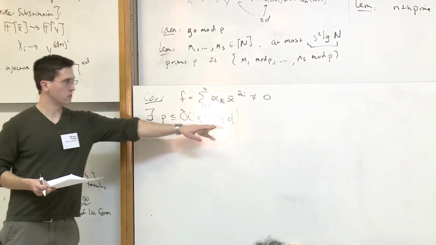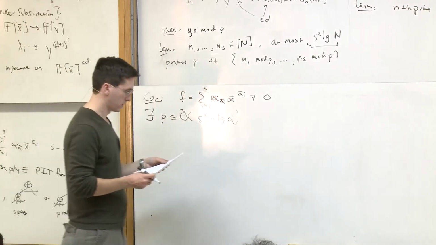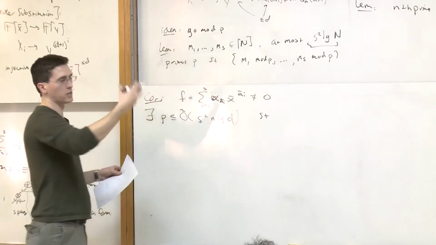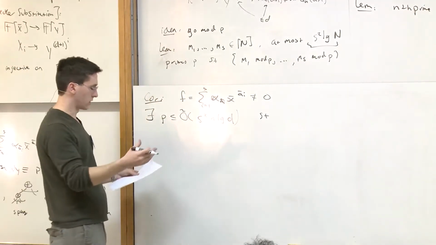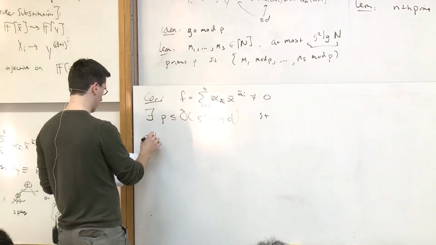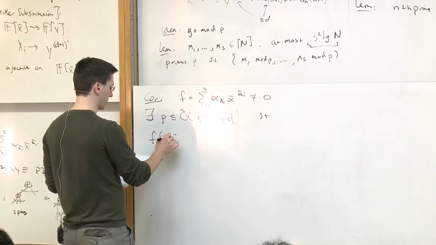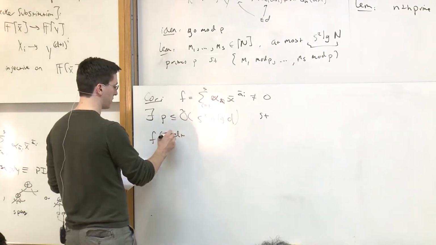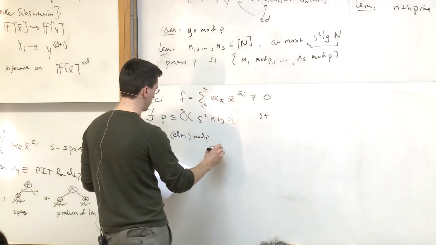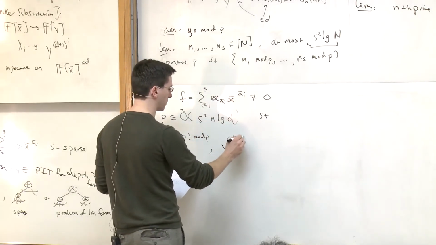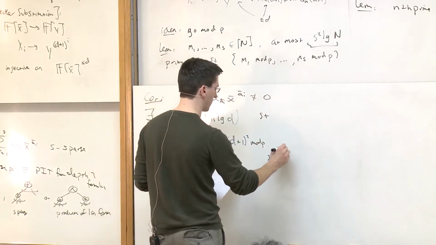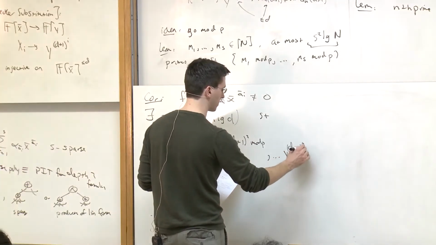There's some prime, which is at most this, which is polynomial in all the relevant parameters, such that if we do the Kronecker substitution modulo p, there are no collisions. So there exists a prime of this size such that if you look at the univariate polynomial f, where you plug in the following: d plus 1 mod p for the first variable, d plus 1 squared mod p for the second, up to y to the d plus 1 to the n mod p.